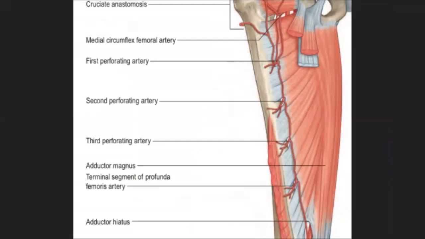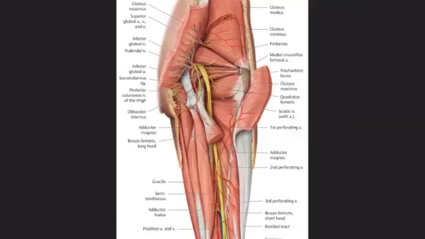See here, it is more clear: first perforating, second perforating, and third perforating, perforating the adductor magnus. This is the adductor magnus. This is the second perforator, this is the first perforator, and this is the third perforator.